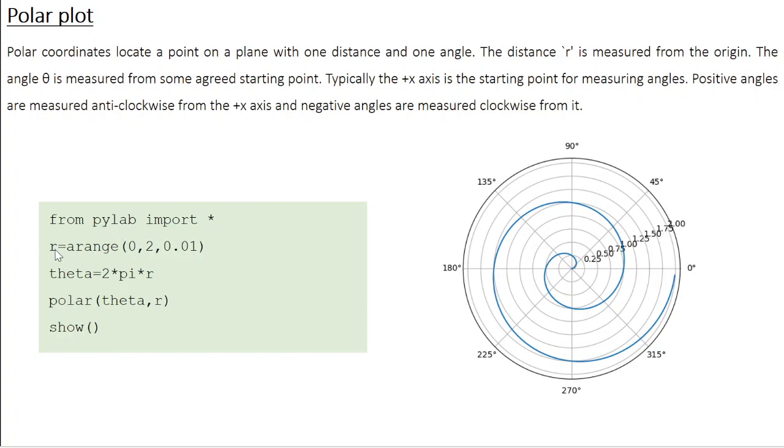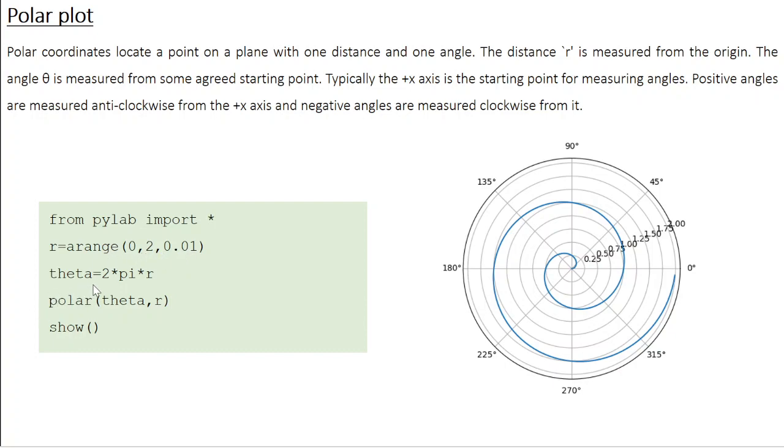So I'm going to create an array for the r vector. r equal to arange 0 to 1 with step 0.01. So I have array elements starting from 0 with a step size of 0.01. So basically I'm looking at an array of around 200 elements.